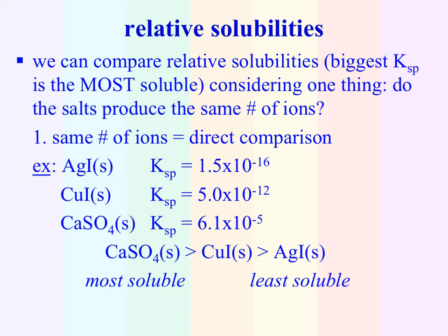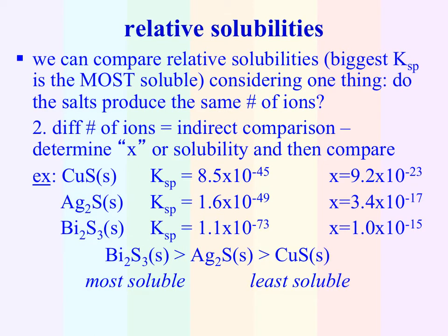The calcium sulfate has the largest Ksp value, so it's the most soluble. The silver iodide has the smallest Ksp value, so it's the least soluble. And subsequently you can make these comparisons directly when the same number of ions is present. So this is the caveat to that comparison.